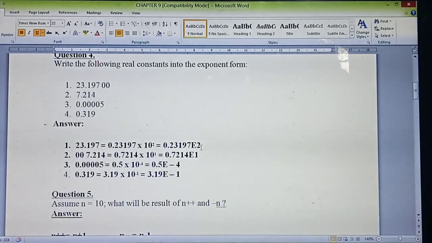Complete? So write carefully. Point and all, write carefully, and also the 10 to the power.